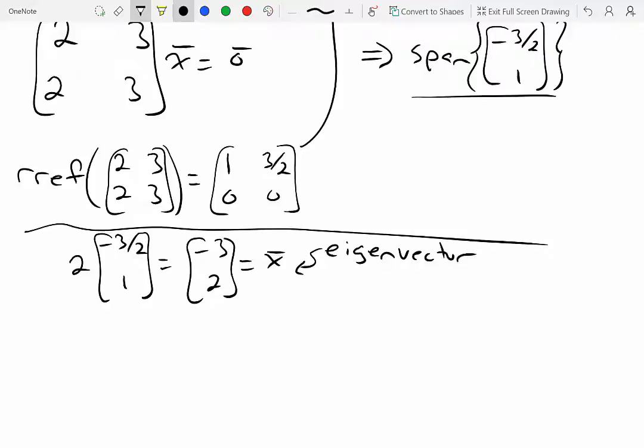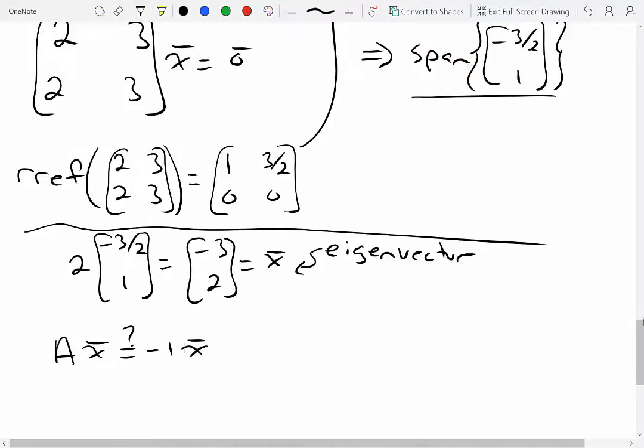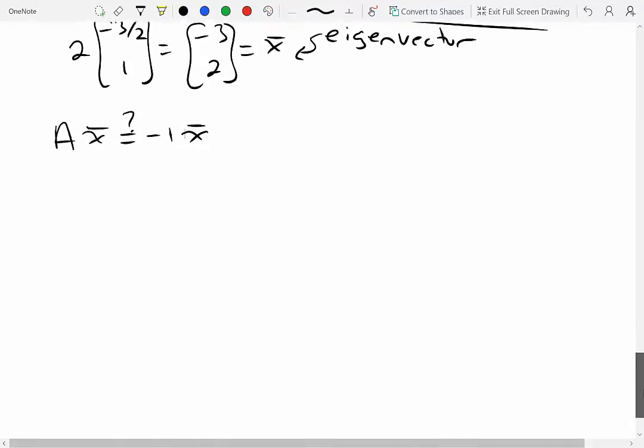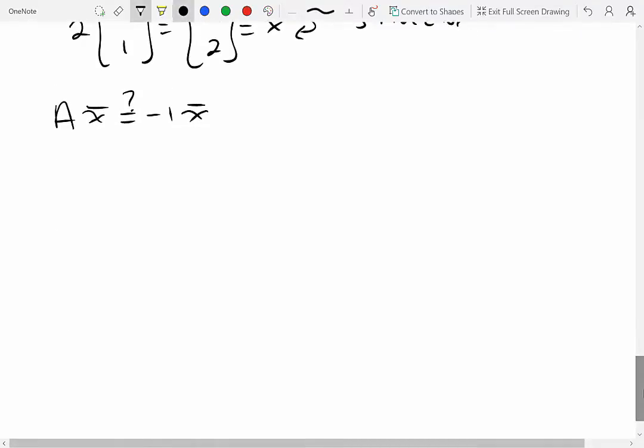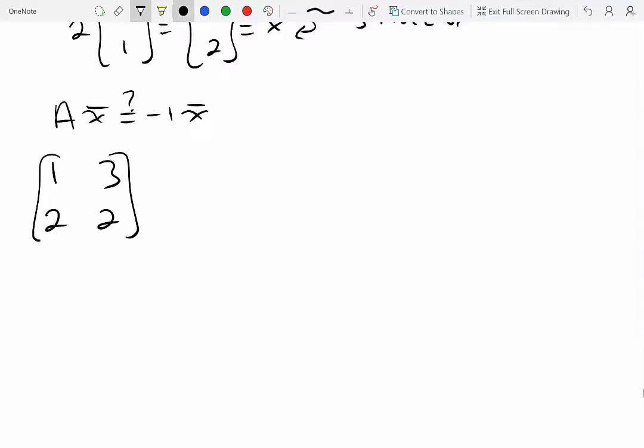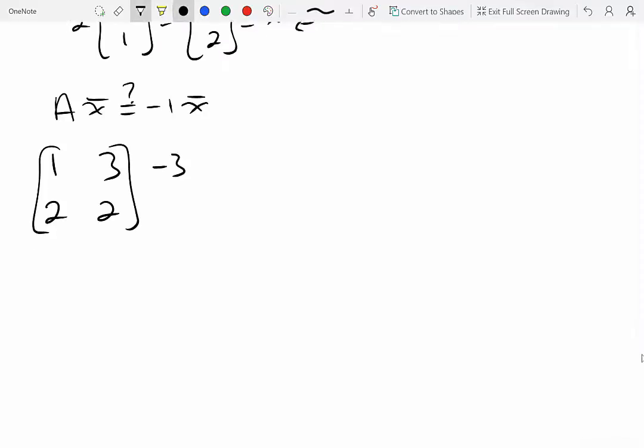So if everything that we did here is correct, then this should be an eigenvector. And how do we check? We check to see, is A times x equal to lambda, which in this case is negative 1, times x. All right, so let's check. 1, 3, 2, 2 times negative 3, 2.